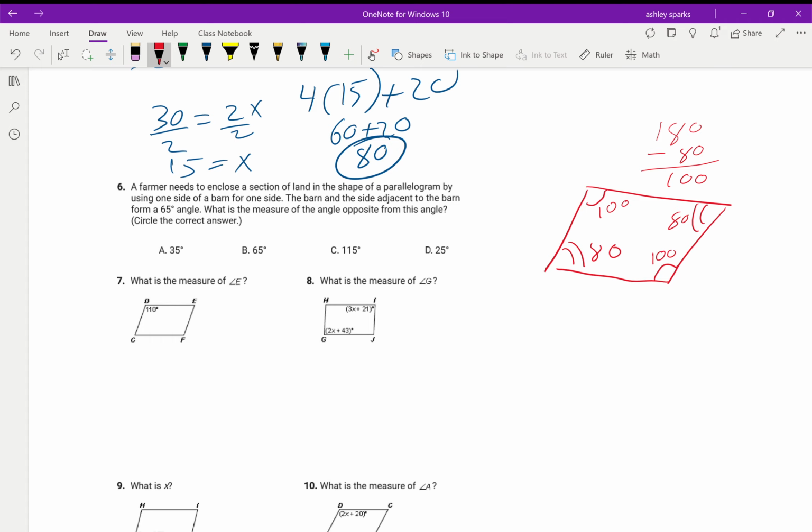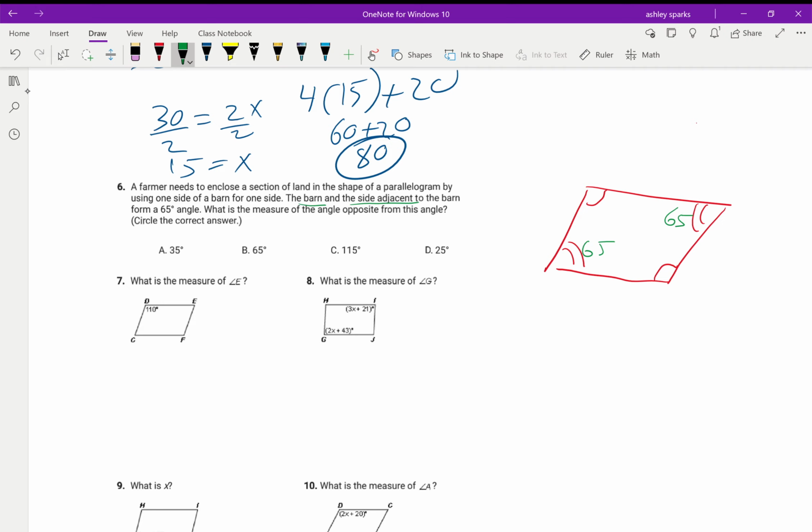So let's do it for the number that they gave us. They're telling us that we have a parallelogram. The barn and the side adjacent to the barn form an angle that is 65 degrees. Cool. If this is 65, this is also 65. It says, what is the measure of the angle opposite from this angle?